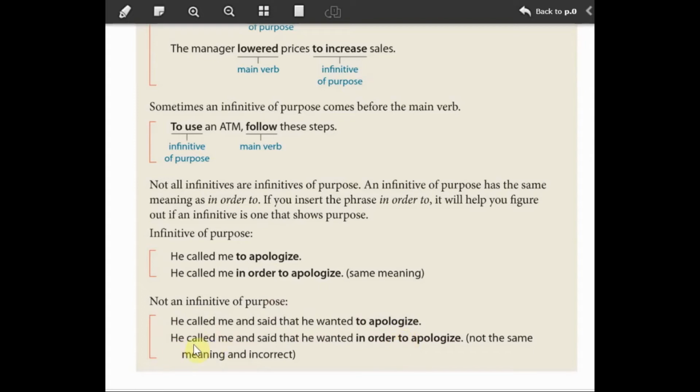Let's read. He called me and said that he wanted in order to apologize. The meaning is not the same, and the sentence is now inaccurate. It is not correct. So therefore, to apologize is an infinitive, but it's not an infinitive of purpose.